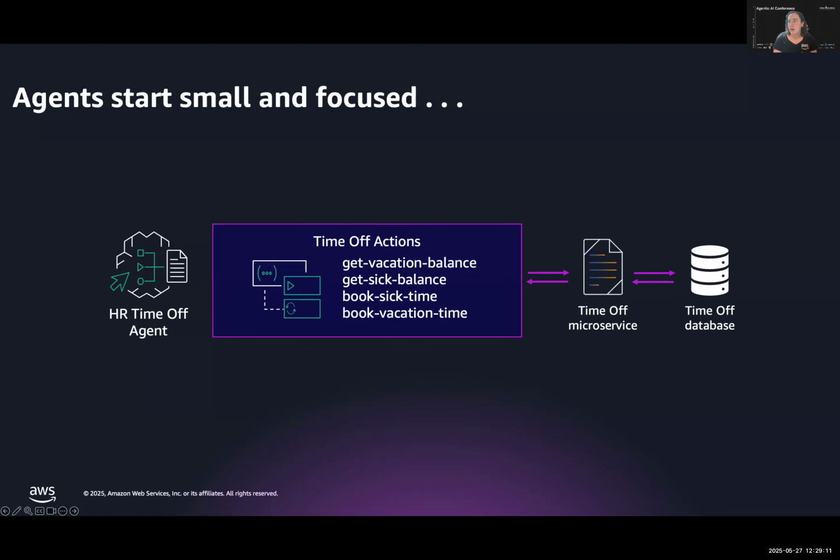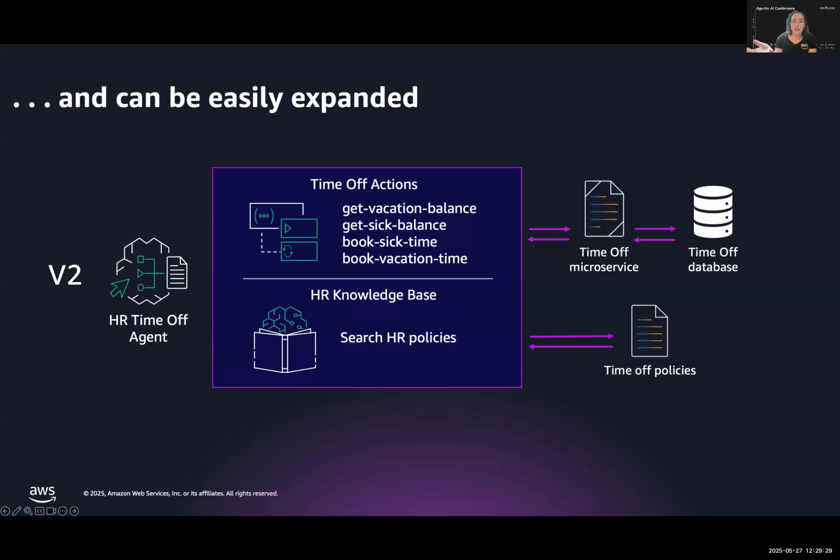Maybe that agent has access to a database that has details about time off. And you can ask it questions like, all right, what vacation balance do I have left? Can I book my sick time, vacation time, etc.? And you can easily expand this and add more knowledge bases to the agent system.